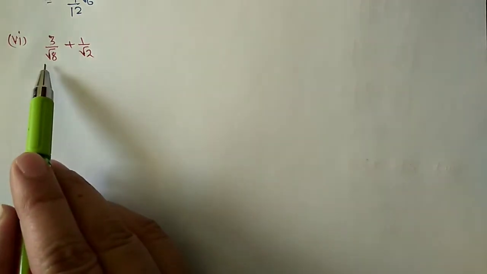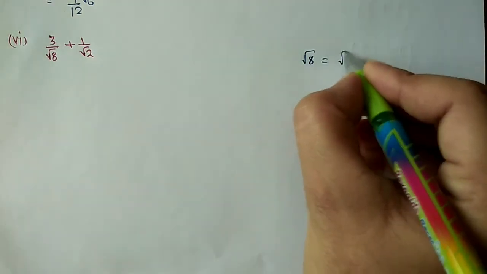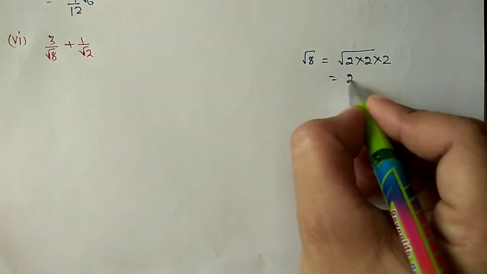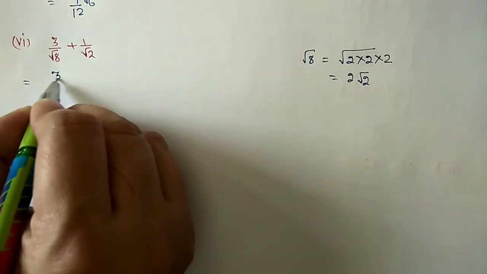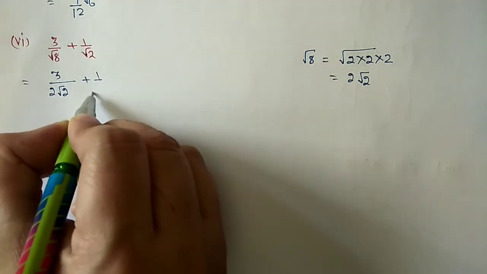Next, sixth part, 3 by root 8 plus 1 by root 2. So first, this root 8 we can simplify. Root 8 we can write as 2 into 2 into 2, or 2 root 2. So we will replace it. We can write now 3 by 2 root 2 plus 1 by root 2.